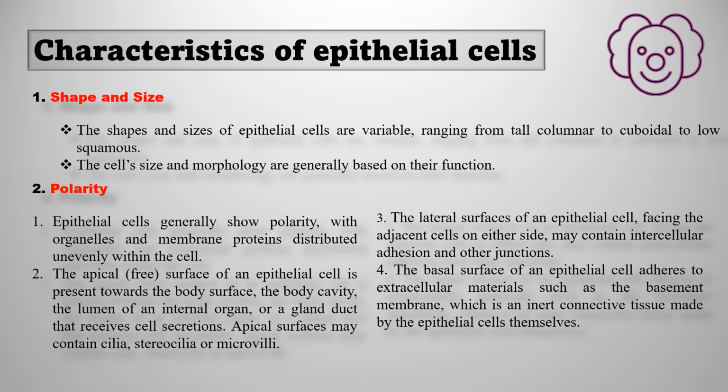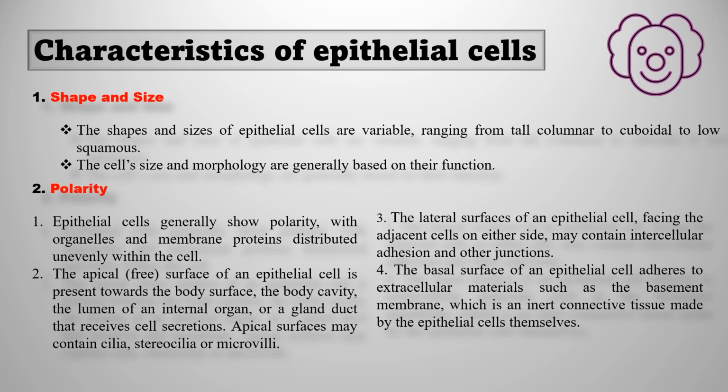Regarding the characteristics of the epithelial cells, we talk about shape and size. The shapes and sizes of the epithelial cells are variable, ranging from tall columnar to cuboidal to low squamous. And squamous means flattened. It looks like the scales of a fish.